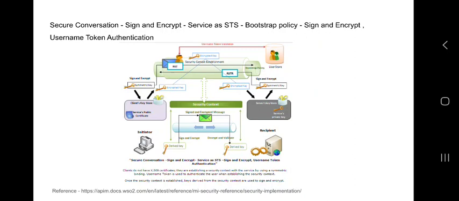Yeah. So now in this case, sign and encrypt again. The sign and encrypt scenario, you just do both using that token. And along with that, you also have this username token.